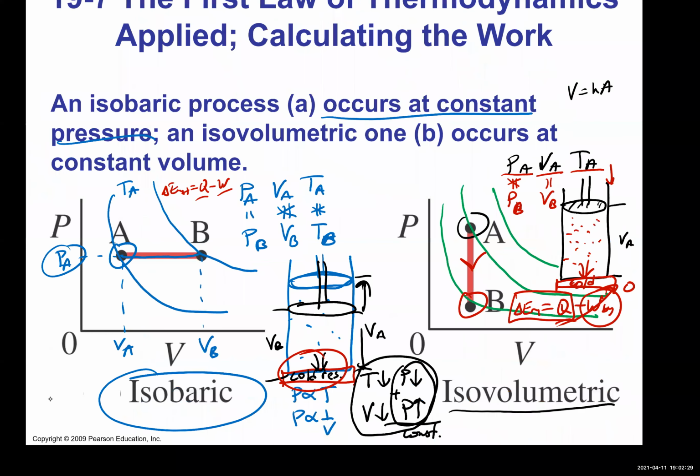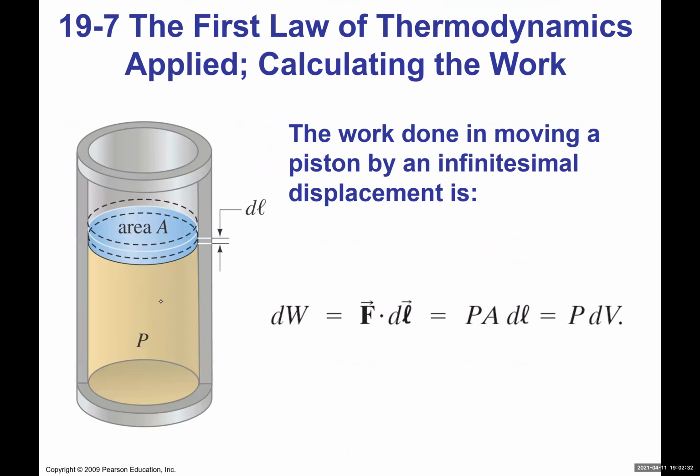Okay. So let's go to the next one over here. This one is sort of summarizing everything that we talked about, and also showing how we can then calculate the work done. We know how to calculate the Q. It's mc times delta T, right? Assuming that what we're doing here is just changing temperature. Let's say we don't have some kind of substance that's going to have a change in phase during these processes, just a change in temperature.